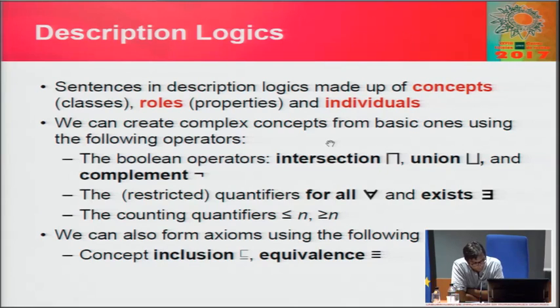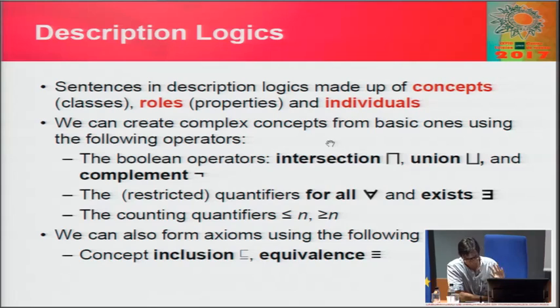And as I said before, we can create complex concepts from basic ones using the following operators. These include the Boolean operators: intersection, union, and complement; the restricted quantifiers for all and exists; and the counting quantifiers: less than n, less than or equal to n, and greater than or equal to n. And we can also form axioms using the following operators: concept inclusion and equivalence.